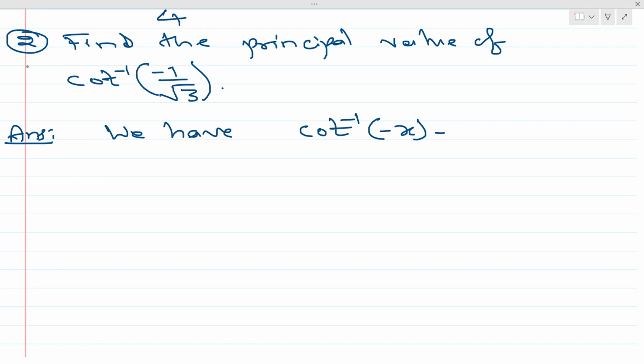negative x as pi minus cot inverse x. This problem can be solved as pi minus cot inverse 1 over root 3.